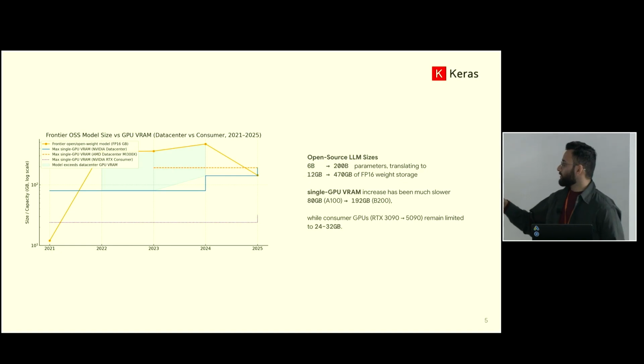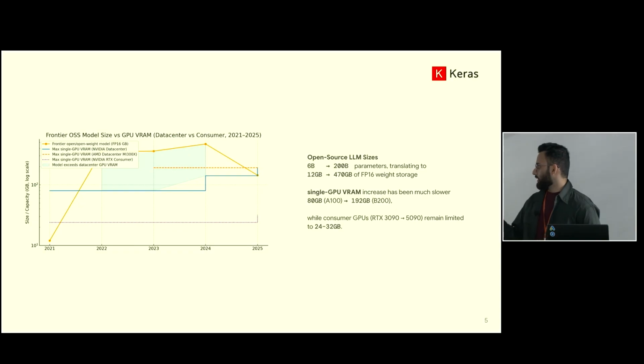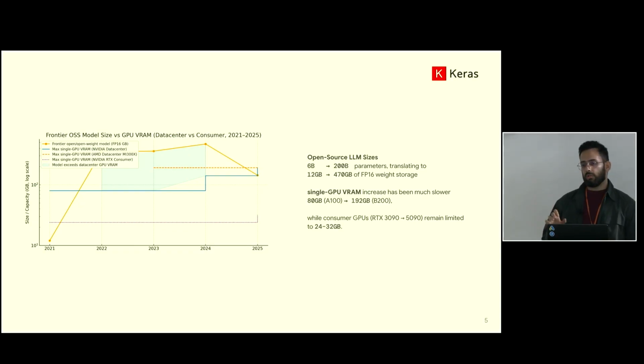And if you come down to the consumer GPUs, the ones which people like you and me can buy, like the NVIDIA RTX series, like the 3090 and the 5090s, the growth in the memory modules is even more limited, and it's been constrained down to like 24 to 32 gigabytes.